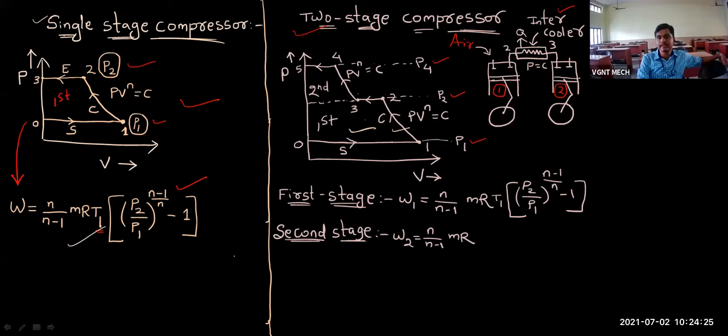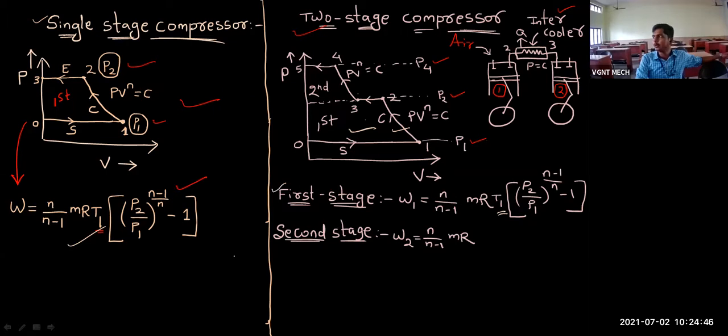That's why I have written T1, multiplied by the pressure ratio for this stage: high pressure is P2, low pressure is P1. So P2 by P1 whole to the power n minus 1 by n, minus 1. This is the work done formula during the first stage of compression.